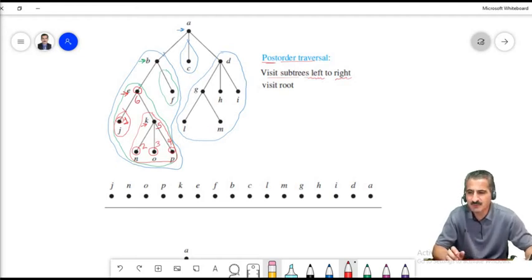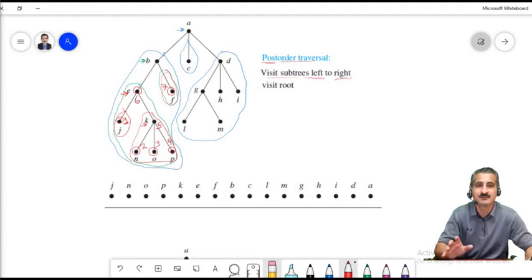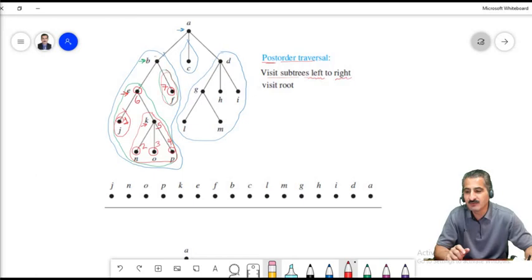So I will go and visit the right subtree of B. It is a leaf. Then I take F. So this is number 7. And now I have visited all the vertices in all the subtrees that are rooted at B. Then I go back and then take B. So this is number 8.